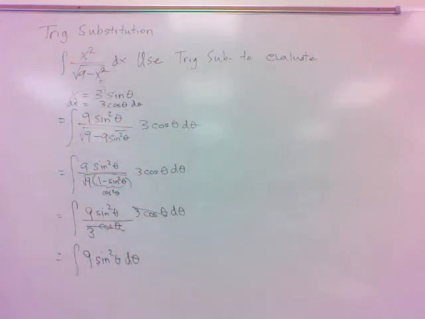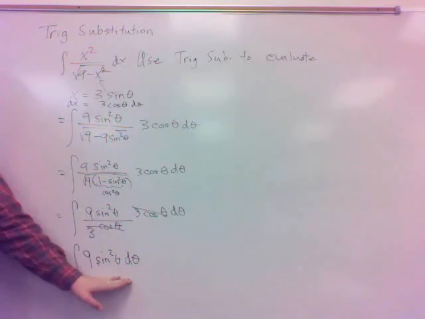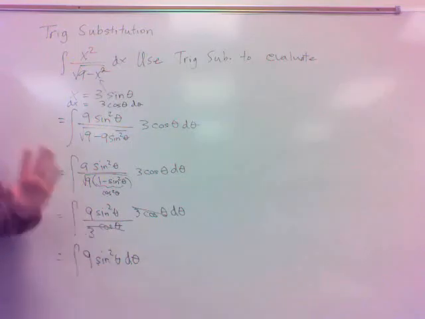Because how do I do 9 sine squared theta d theta? I've got it now in a little better form, and I can do this with a little bit of work. How do I do 9 sine squared theta? I'm going to have to use the double angle. Yeah, I've got a trig integral here now, and there's no odd sine or cosine.